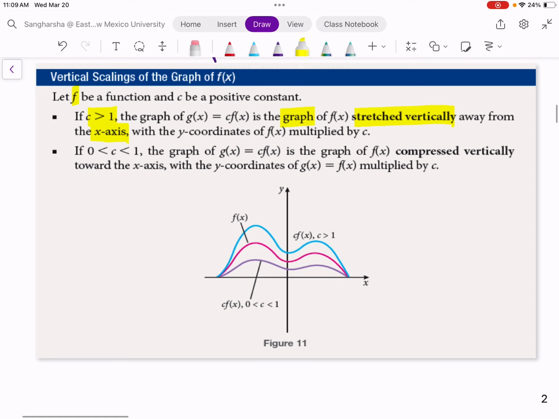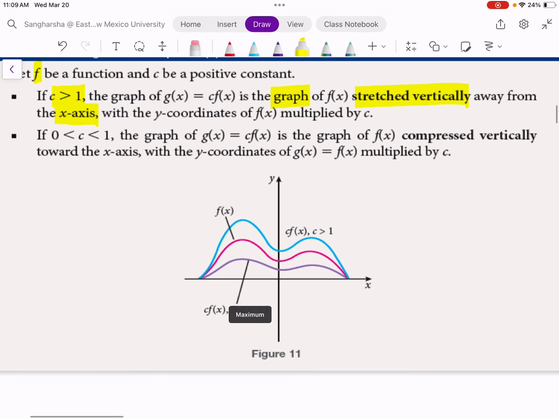Here we have our basic function, this red one. When this function is multiplied by a number greater than 1, so we have c times f of x.